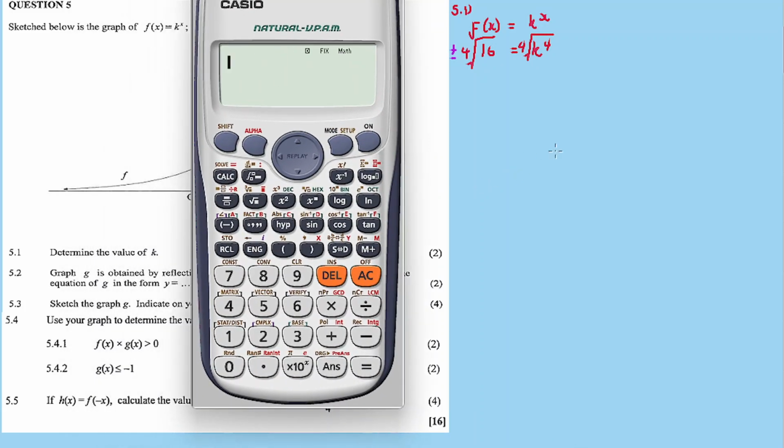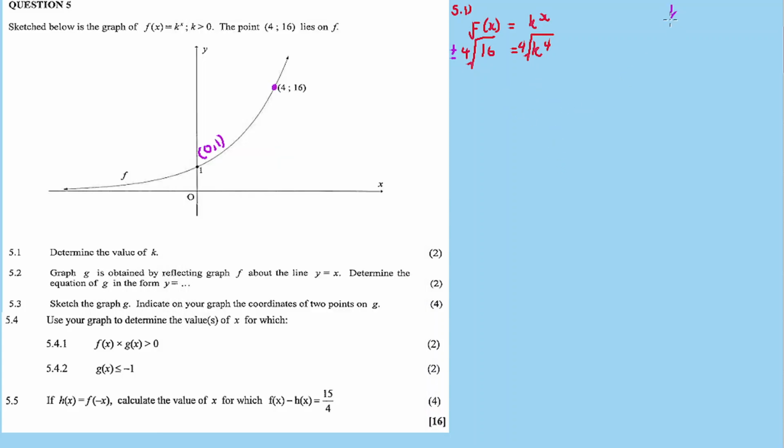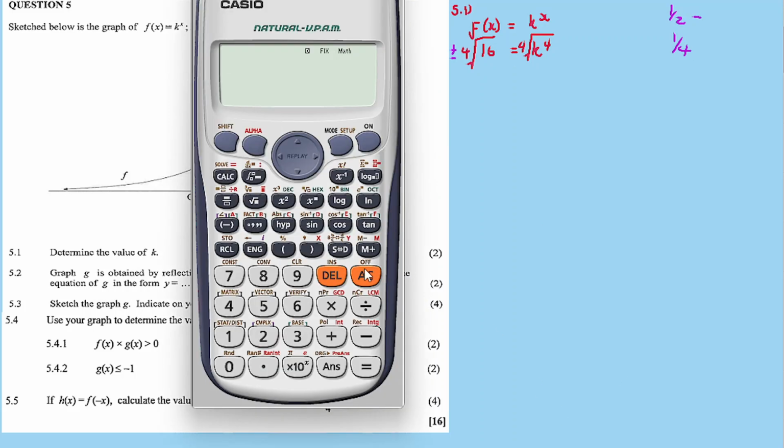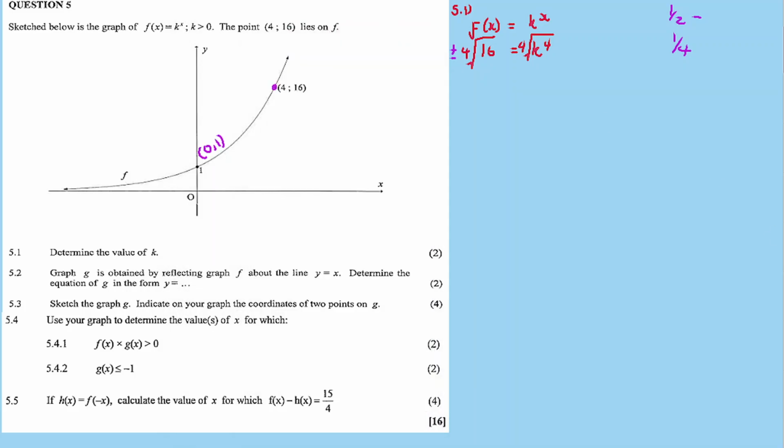Square root represents the exponent 1 over 2, fourth root represents the exponent 1 over 4. So roots with even numbers produce a plus or minus. So the fourth root of 16 is equal to 2, plus minus 2.